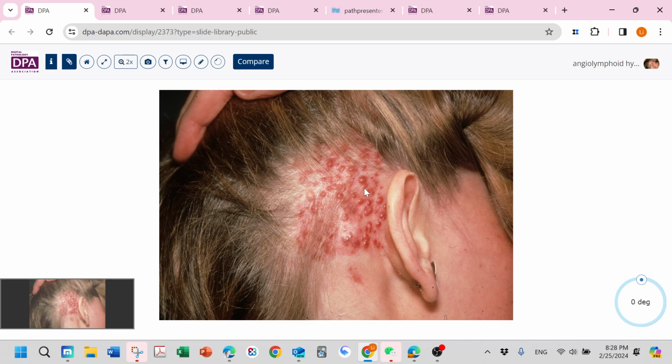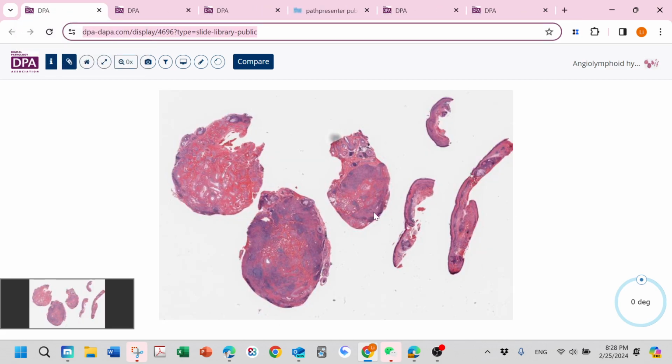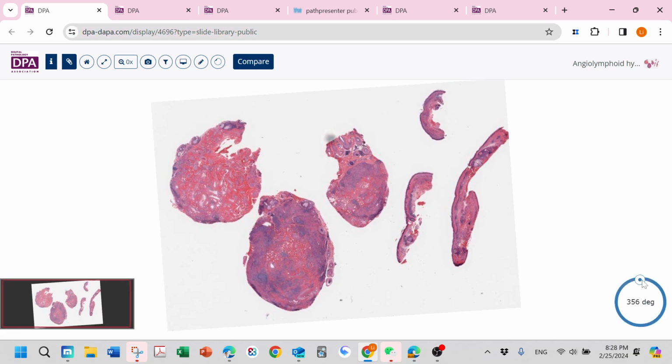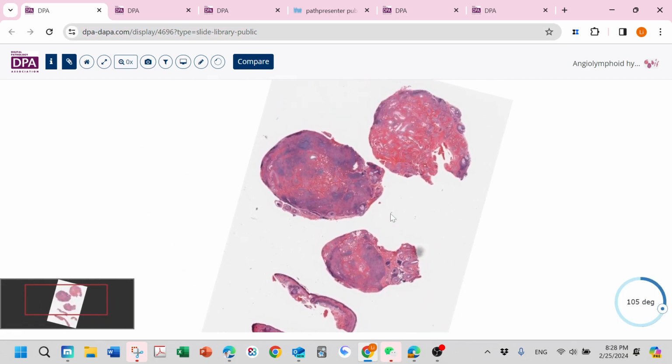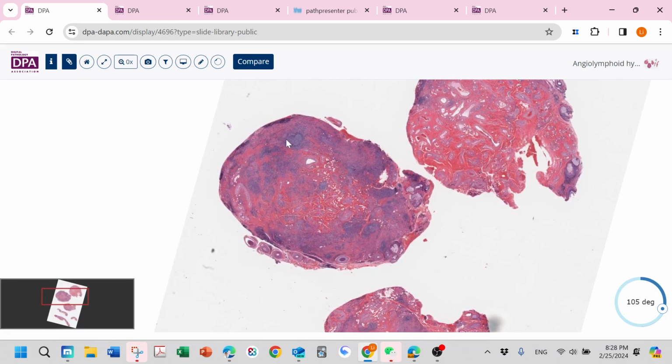You can see this proliferation of a red nodule of blood vessels, usually happening in the head and neck area. As the name says, eosinophils. For a classic lesion, it is a dermal nodule, and even in low power you can see tons of inflammatory cells, almost forming a germinal center.